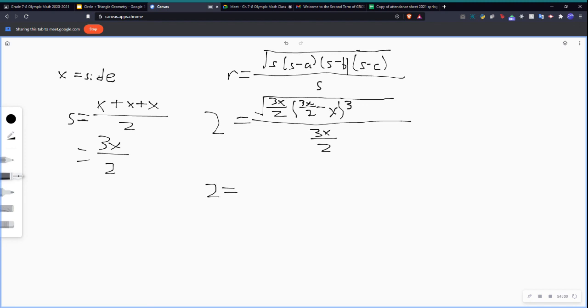All right, so let's simplify the top part. I'm going to move this 3x divided by 2 to the outside, not in the fraction anymore. Then you can simplify this part in the fraction to be x over 2.